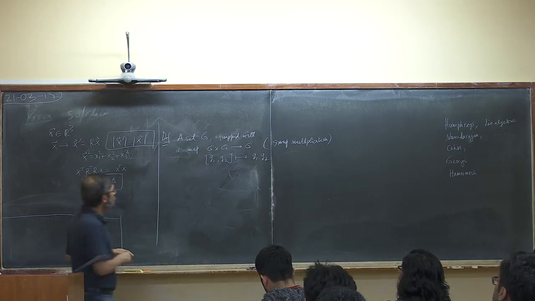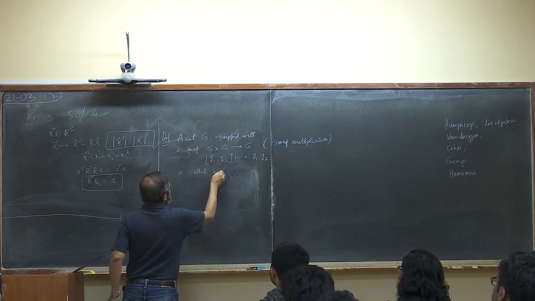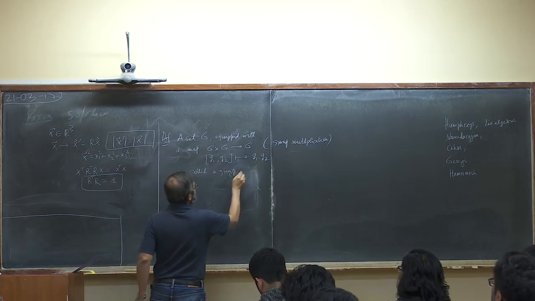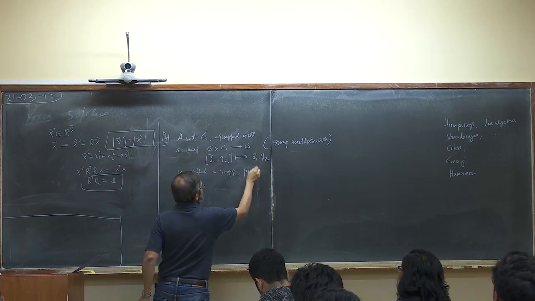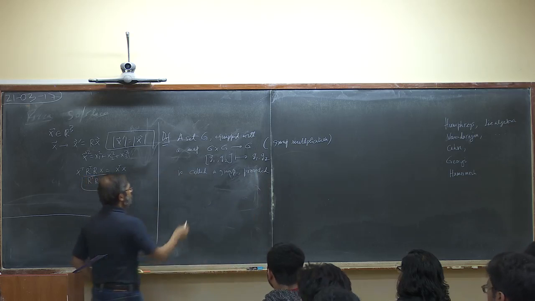So this would be called a group, provided the group multiplication satisfies the following properties.